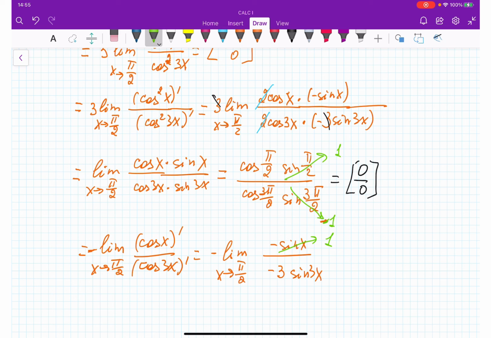So sine x is approaching 1 if I plug in half a pi. Sine 3x approaches negative 1, right? Because 270 degrees. And practically here we have 1 over negative 1.